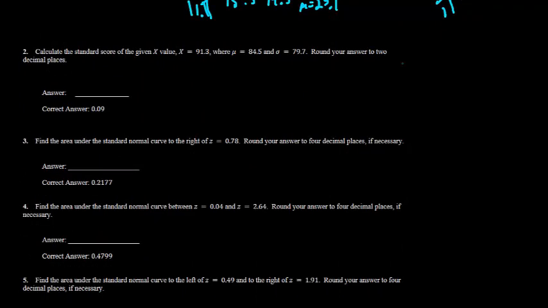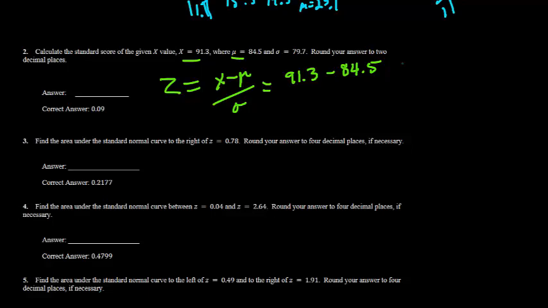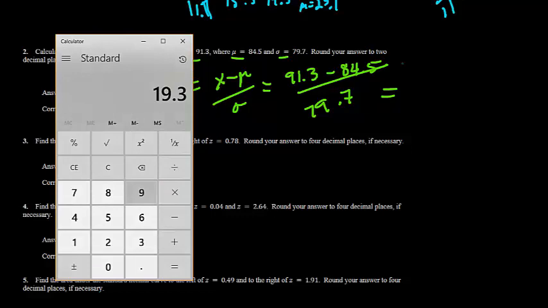Okay, calculate the standard score of a given x. The standard score is our z-score, and that's going to be x minus mu over sigma, so that's just plug and play. That's 91.3 minus 84.5, x minus mu, over sigma 79.7, which is equal to 91.3 minus 84.5 divided by 79.7.